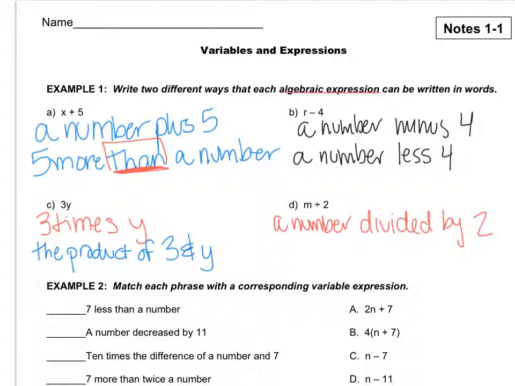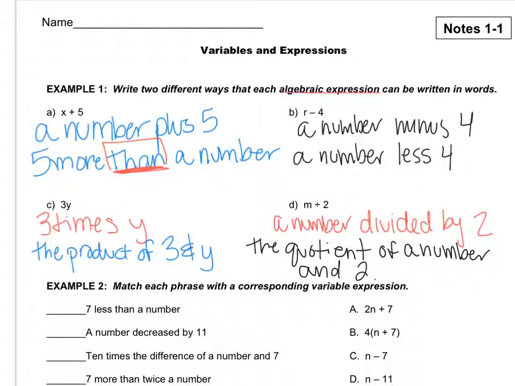Since m is listed first, I'm going to take the quotient of m and 2. I know it is m, but we could also say a number, because right now we don't know what m is. It's an unknown, it's our variable. So the quotient of a number and 2.